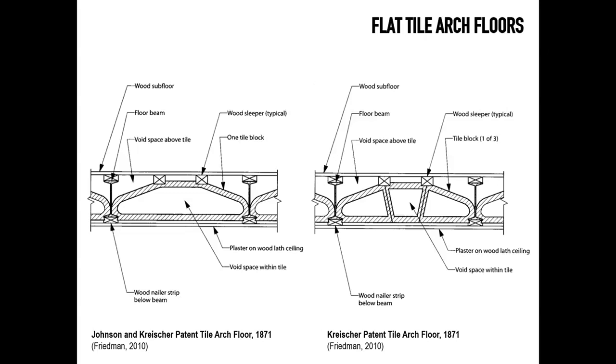And these systems evolved like many other things in construction. So we have here two examples where we see that one of the very first ones, there was a patent here on the left put together by Johnson and Kreischer, so a structural engineer and a brick manufacturer together.